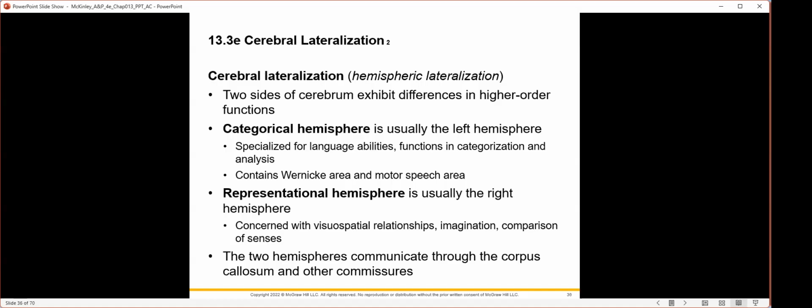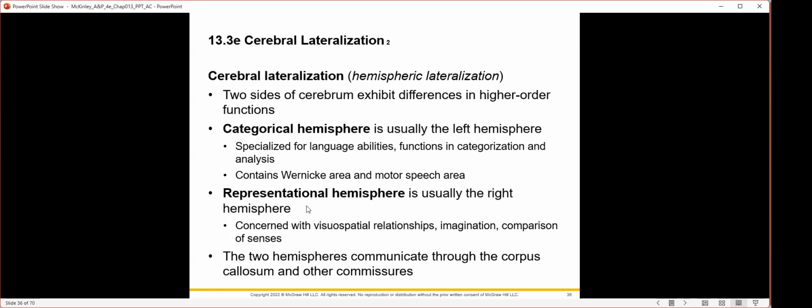For that lateralization that we mentioned before, remember that each side exhibits different functions. We saw that the left side is mostly associated with speech. We can actually put our hemispheres into different categories using this cerebral lateralization. We could have a categorical hemisphere, which is usually the left hemisphere, specialized for language, categorizing things, analysis, containing speech areas as well as language understanding areas like Wernicke's area.